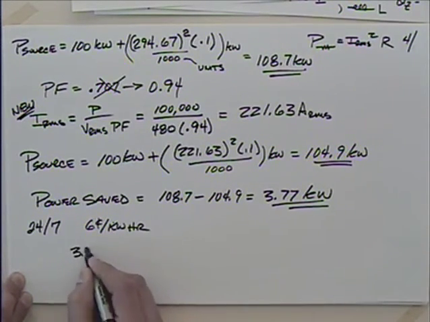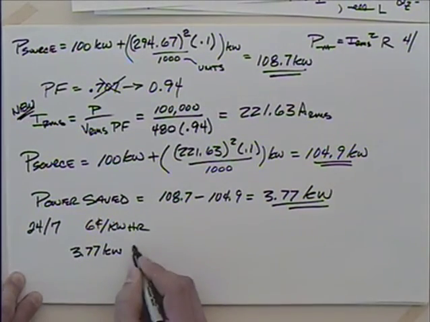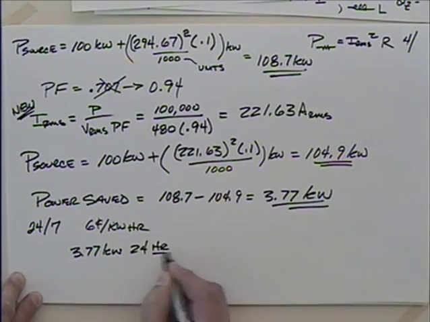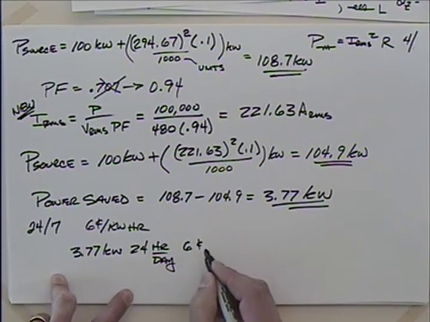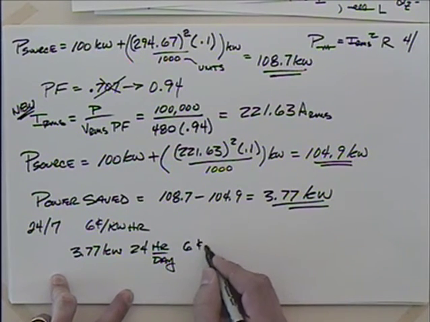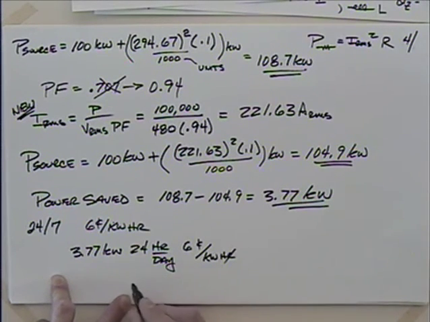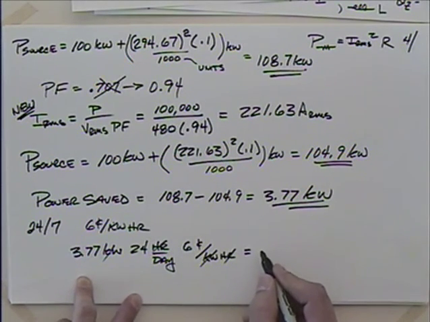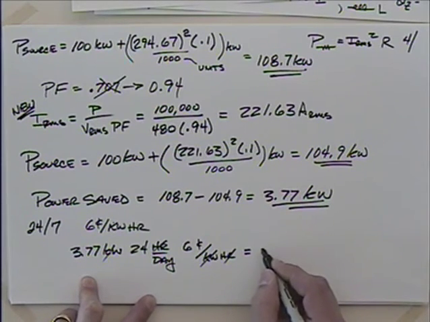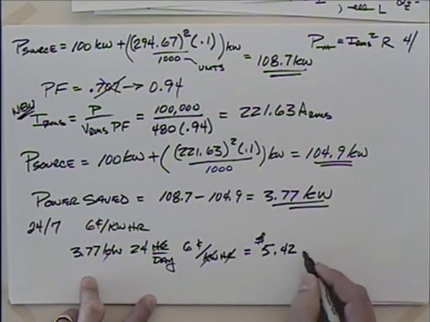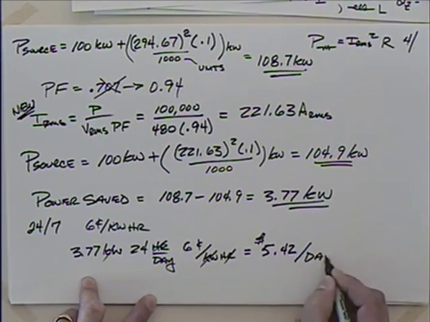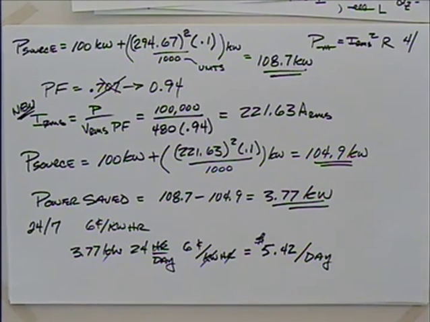So I'll take this 3.77 kilowatts, times 24 hours per day, multiply it by 6 cents per kilowatt hour. Cancelling the units, I come up with pennies per day, and I can convert that. Of course, there's 100 cents in a dollar, and you end up with $5.42 per day.